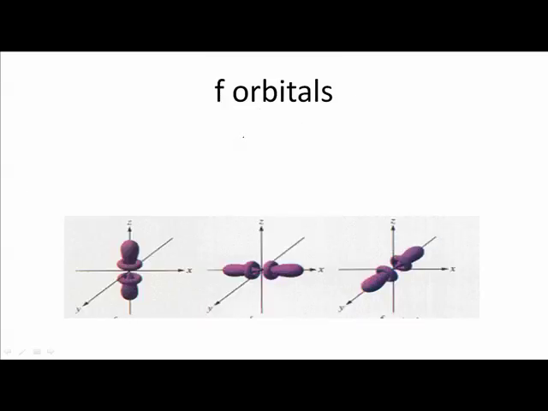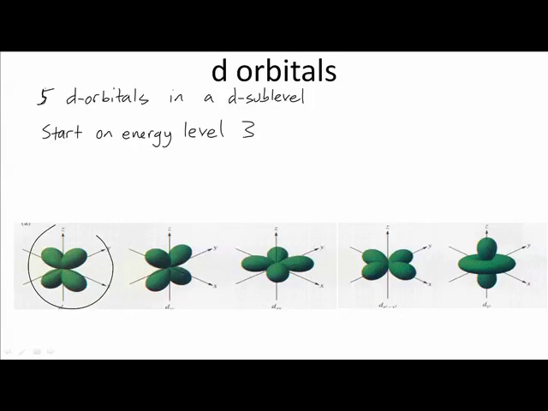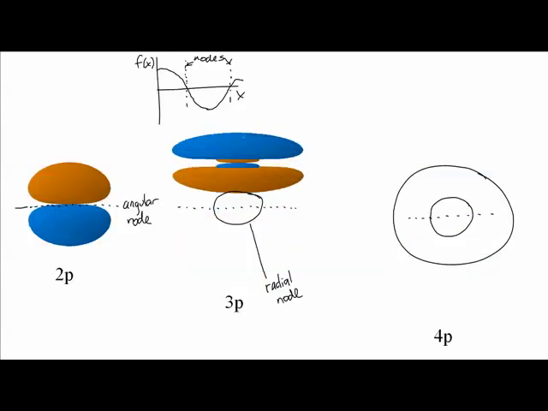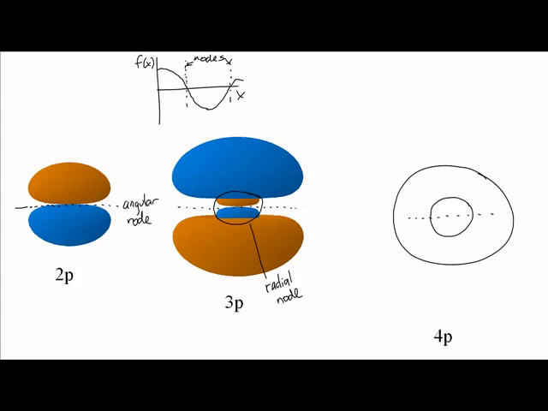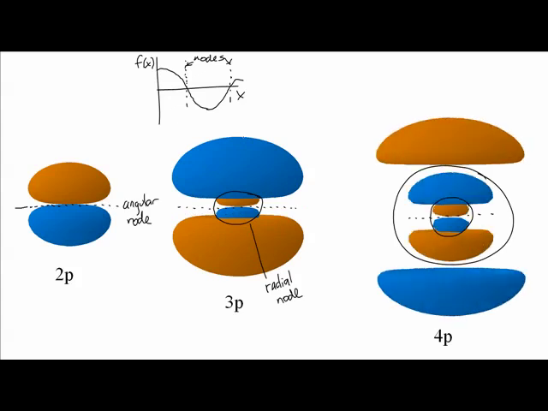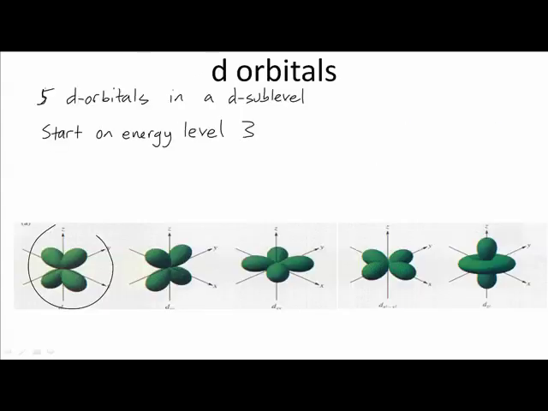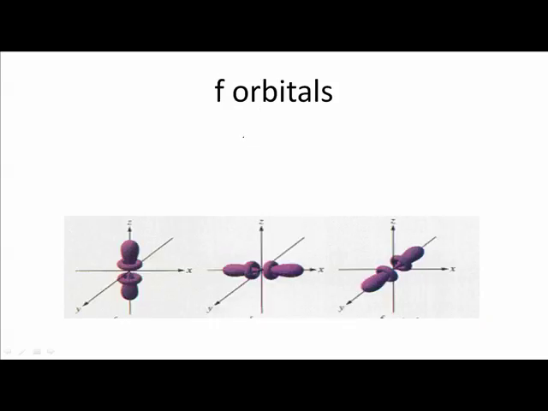And then f orbitals, well, let's follow the pattern. There was 1 s orbital, there were 3 p orbitals, there were 5 d orbitals. How many f orbitals do you think there are? 7, yeah. So there are 7 of those. I couldn't even fit them on one slide, and I may not have even included this in the notes because these shapes you'll never ever use.